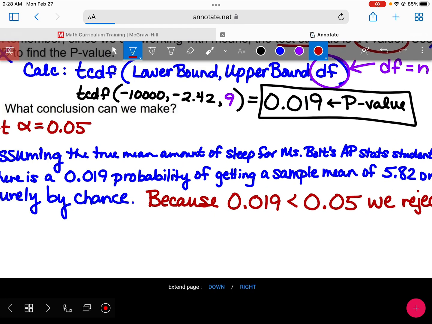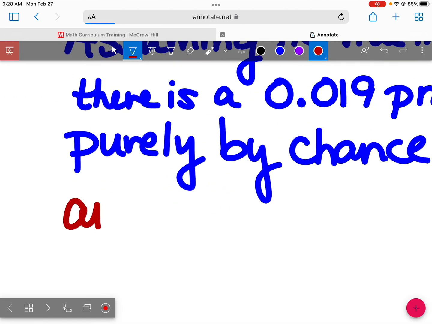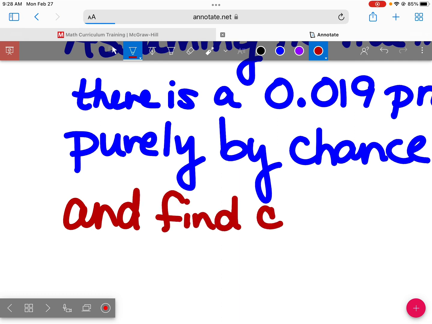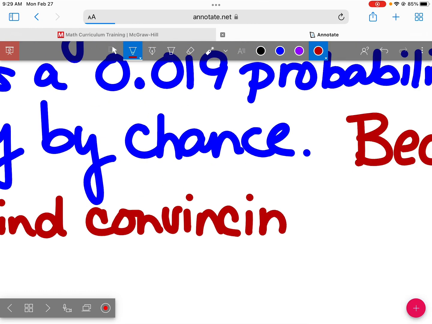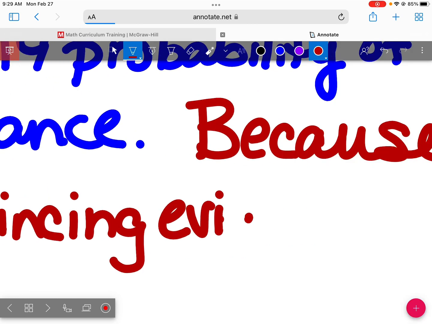And find what? Yes. And find convincing evidence, and we need to state what that alternative hypothesis is.